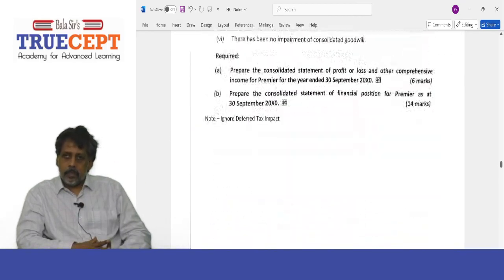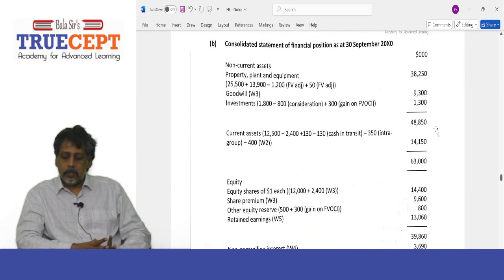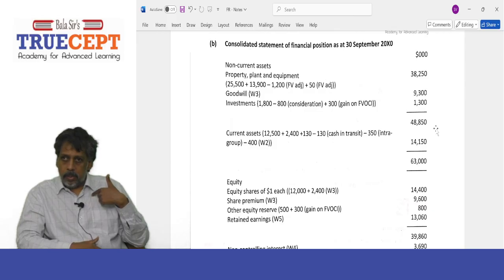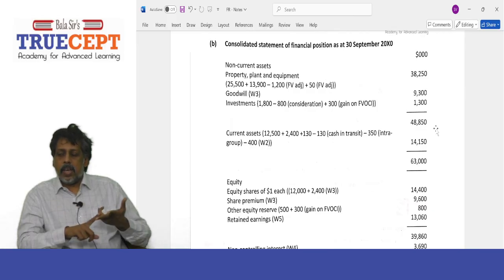Solution. So balance sheet, first non-current assets. Property, plant, equipment: 25,500 plus take my property, plant, equipment 13,900. Plus your property, plant, equipment can be taken minus 1,200 fair value adjustment. Plus 50 fair value adjustment, exactly, because of the depreciation adjustment, right?